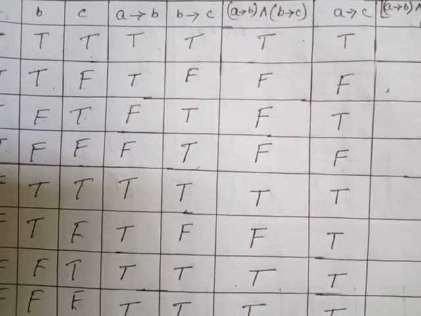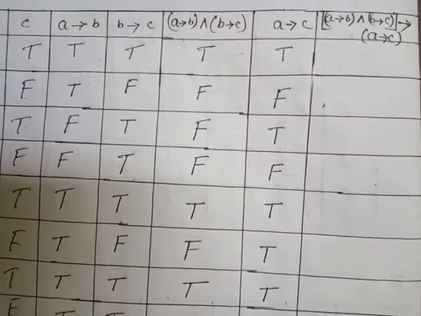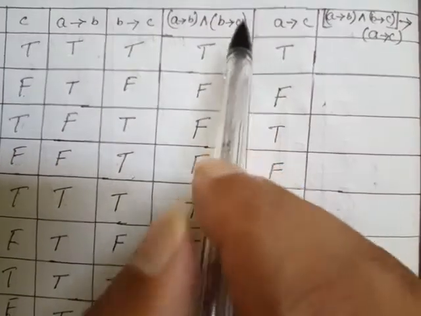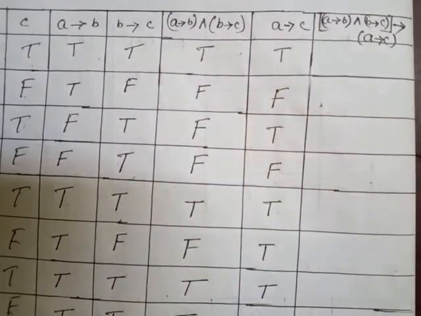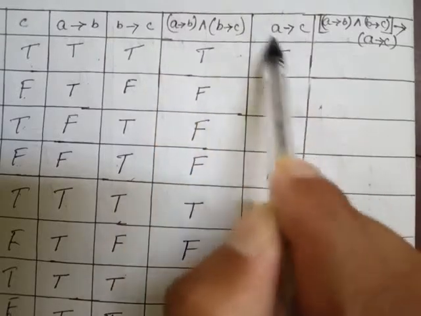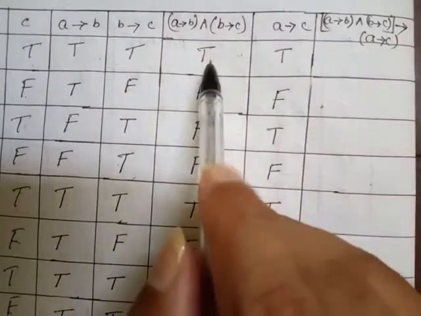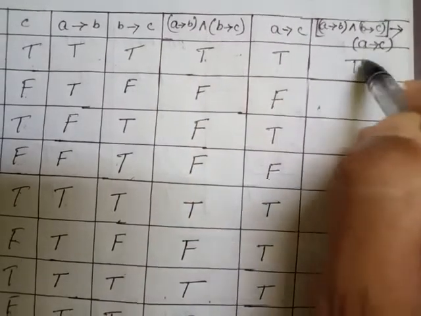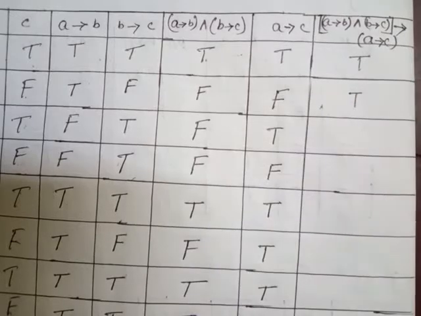Now student, look, the last one is the final one, and now we'll find out the implication between this row and this row. I repeat again, we'll find out the implication between this row and this row. So we'll follow the implication rule again. True true is obviously true. Then false false is true here.